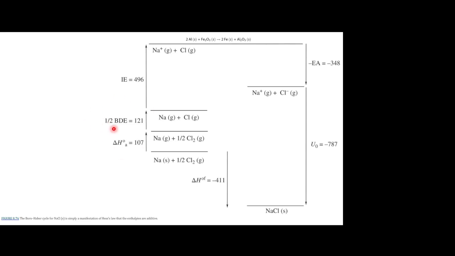Political. So this is actually the Born-Haber cycle right here. It's just how things crystallize. It's the different processes through which they have to go to form crystals. And it's always a cycle because it goes all the way around, because, of course, you can break the crystals apart, right?